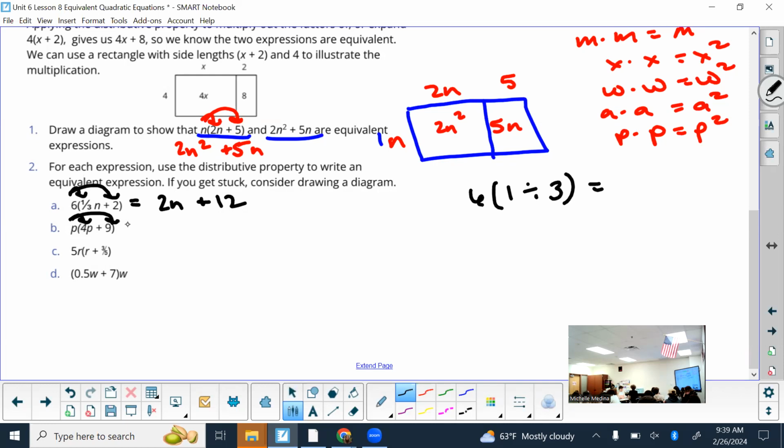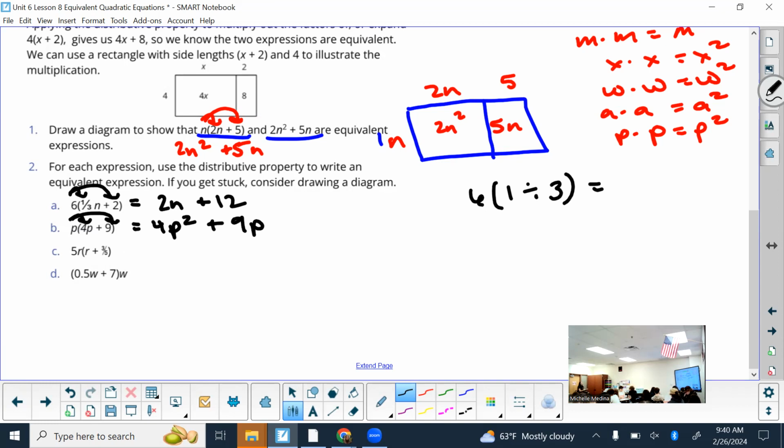What's p times 4p? 4p squared. Table 9, p times 9. Okay, good. P times 9 is 9p, positive, so we'll put plus.